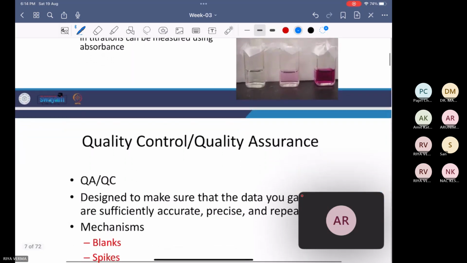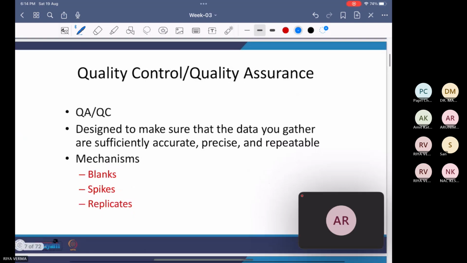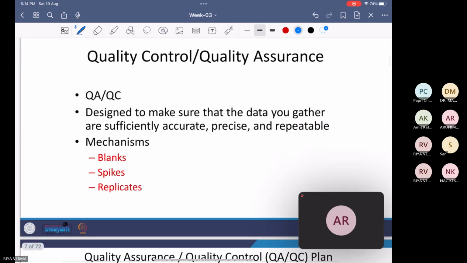Now, coming towards quality control or quality assurance. The data that we collect in the laboratories, we use to formulate different types of results. So it is very important that we ensure the procedure that we follow is correct, and also that the quality of the samples we are preparing is up to the mark, so that the data is reliable.